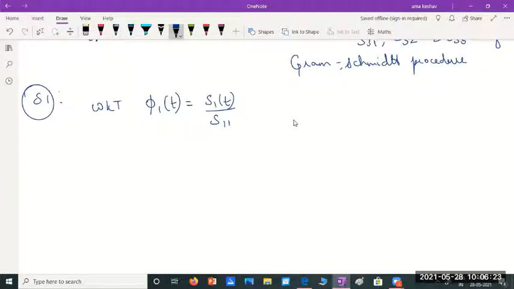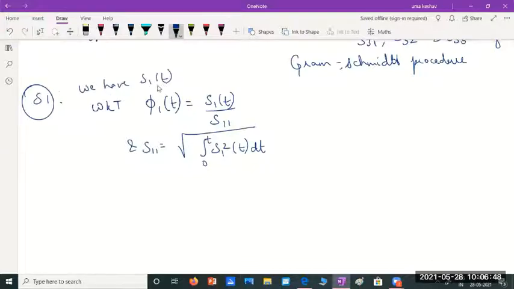And how did we define S11? S11 is defined as the root of the area under the square of S1 of t. S1 of t is the given signal, so we have S1 of t known.